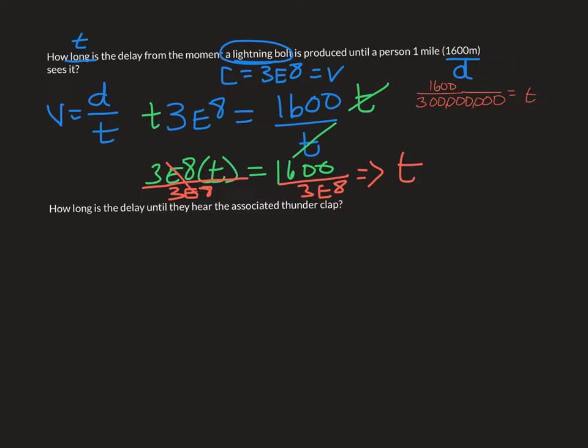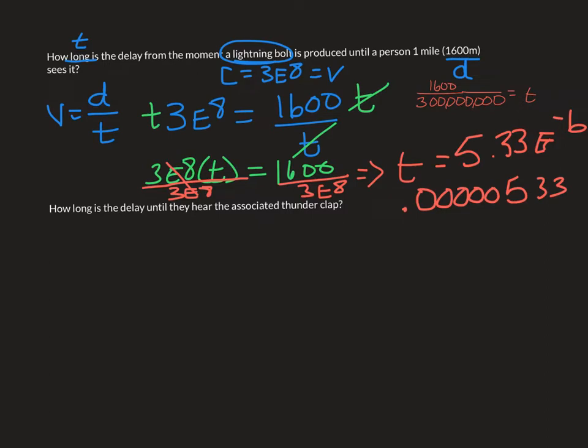And when I do that, I end up finding out that my time is 5.33 times 10 to the negative 6, or e negative 6. That might also be written as 5 zeros in front of that 5, so I've moved my decimal point over essentially 6 spots in order to get that value. Those mean the same thing.